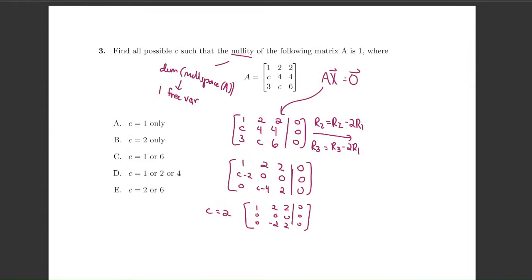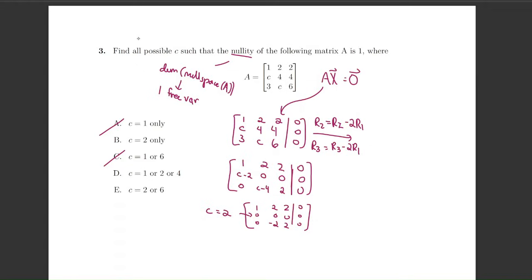Hopefully you can see that these two rows are not multiples of each other. This means they're linearly independent, so there will be no more rows of zeros. So this single row of 0 means that there's one free variable. And that means that the nullity is going to be 1. So off the bat, we can eliminate A, C, and that's it.